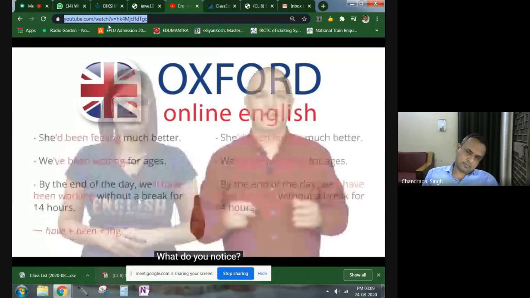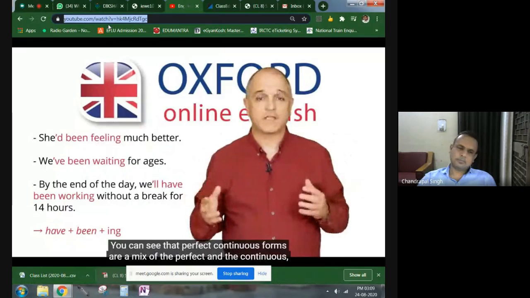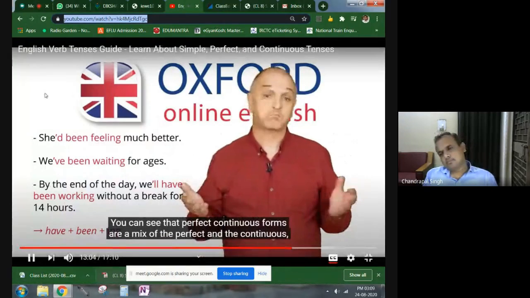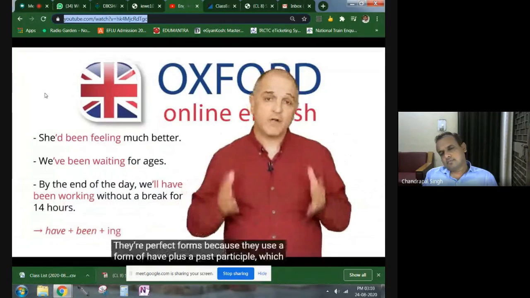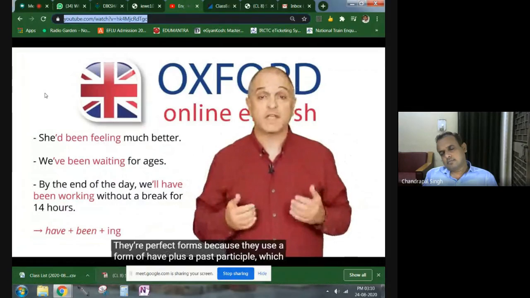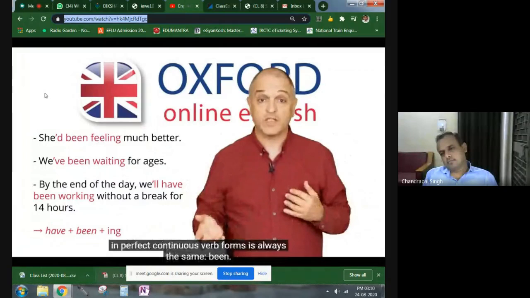You can see that perfect continuous forms are a mix of the perfect and the continuous, which is logical, right? They're perfect forms because they use a form of have plus a past participle, which in a perfect continuous verb form is always the same, been.